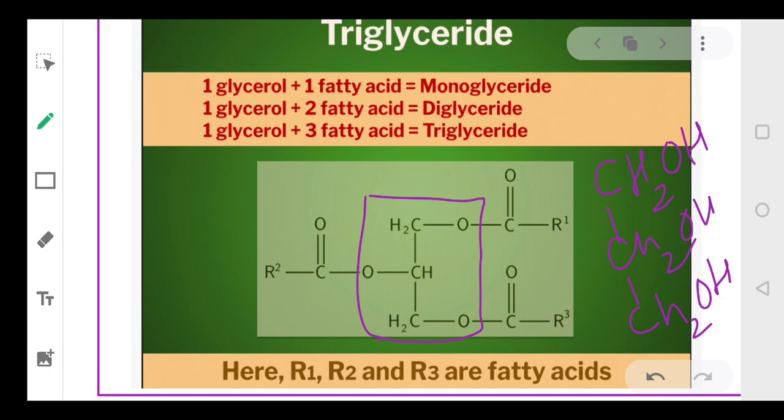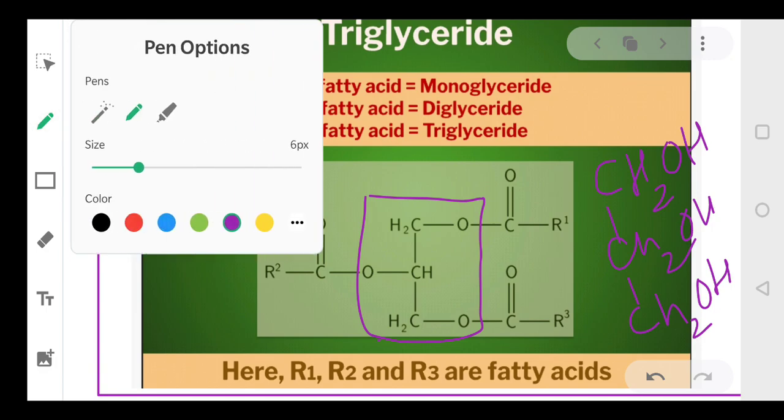You remember it? So in the structure of triglyceride, देखिए ये जो portion आपका center में मैं highlight कर रही हूँ, this is of your glycerol. Now this one, let's use a different color.